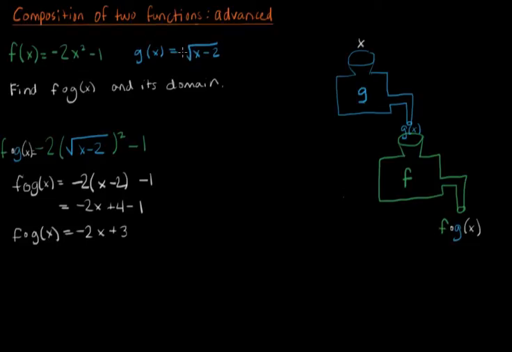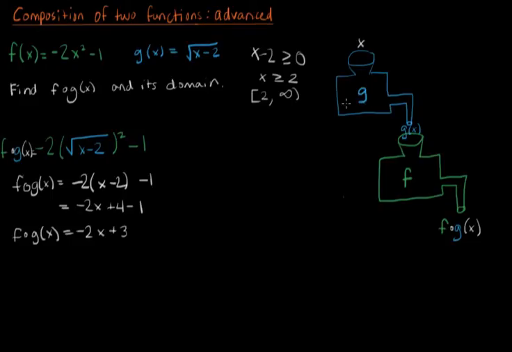So in the real numbers, we can't put anything negative into this square root, which means that x minus 2 needs to be greater than or equal to 0. That means that x needs to be greater than or equal to 2, so the domain is from 2 to infinity.